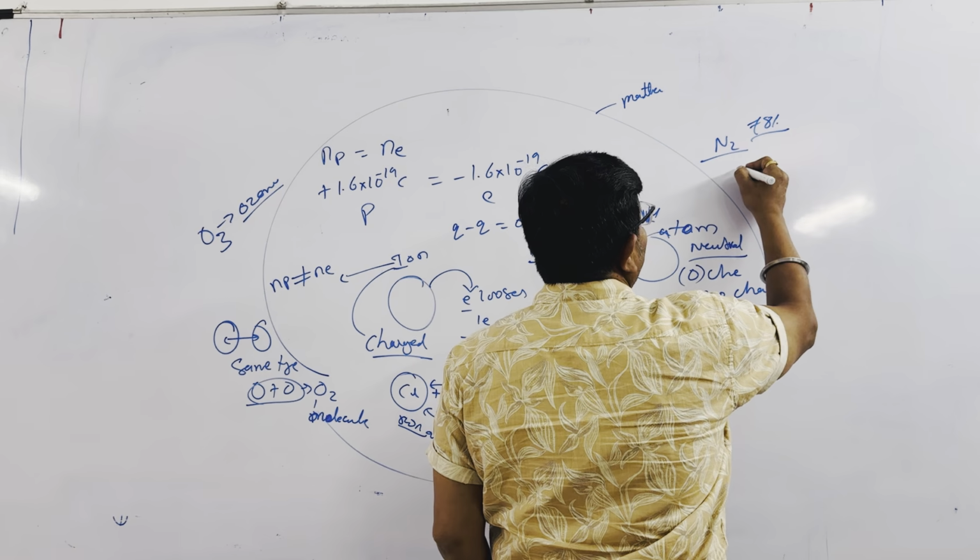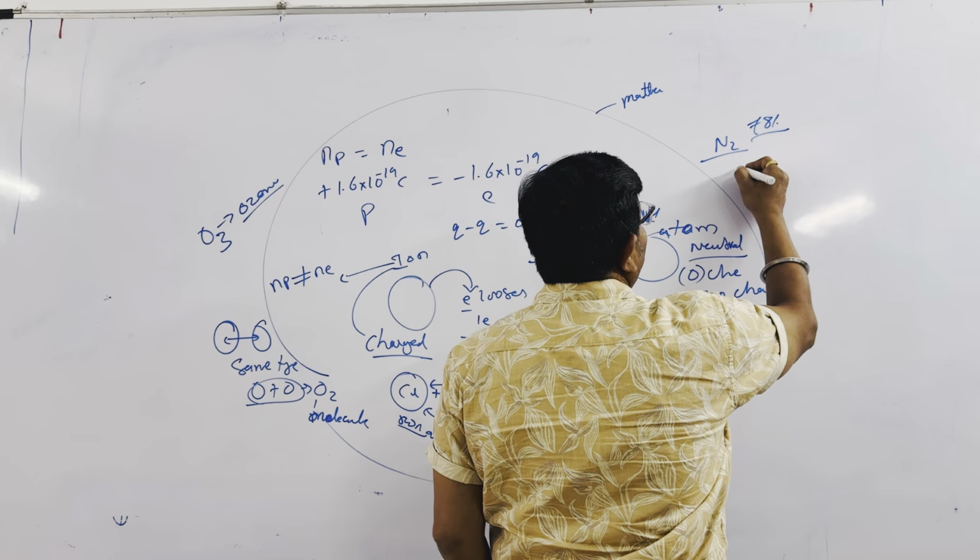And in the case of anion, number of electrons is greater than number of protons, means negative is greater than positive. Positive is what? Proton. Negative is what? Electron. Electrons are negatively charged 1.6 into 10 to the power minus 19 coulomb, and protons are positively charged 1.6 into 10 to the power minus 19 coulomb.